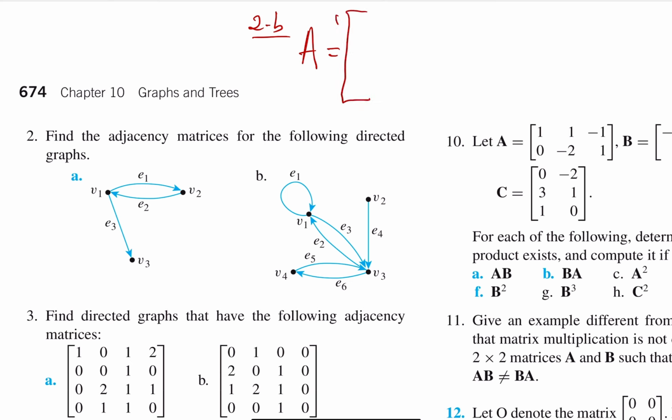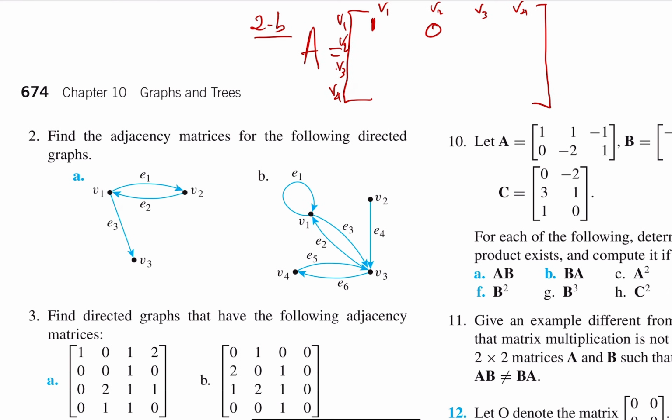You have V1, V2, V3, and V4. At V1 we have a loop, then it is 1. V1, V2, we have no connection, no edge, it is 0.